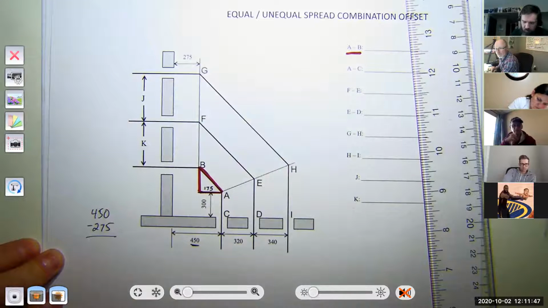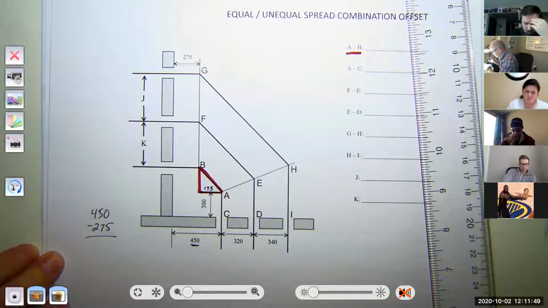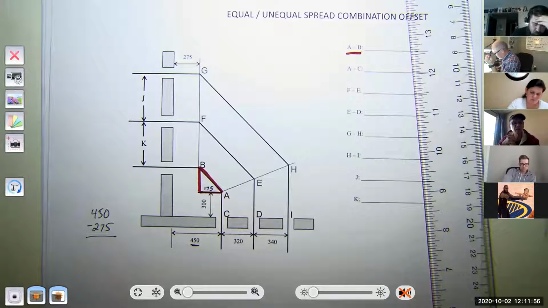I got 175. 450 minus 275 is 175. Hey, it's 125, right? I think. It's 175. You have it right, Doug. Oh, yeah, thank you.